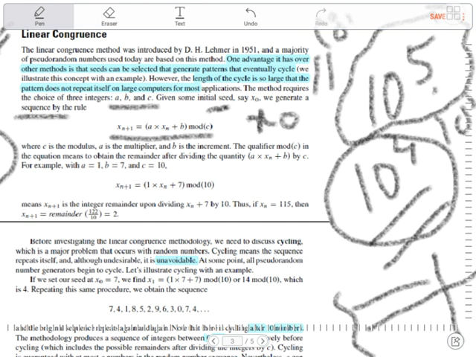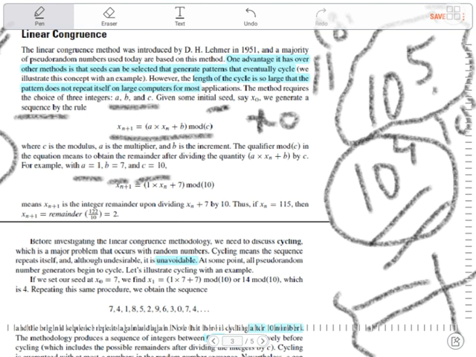You start with x0. Suppose you consider this example only: a equal to 1, b equal to 7, c equal to 10, and I start with the initial seed. Suppose x0 equals 7 you take.